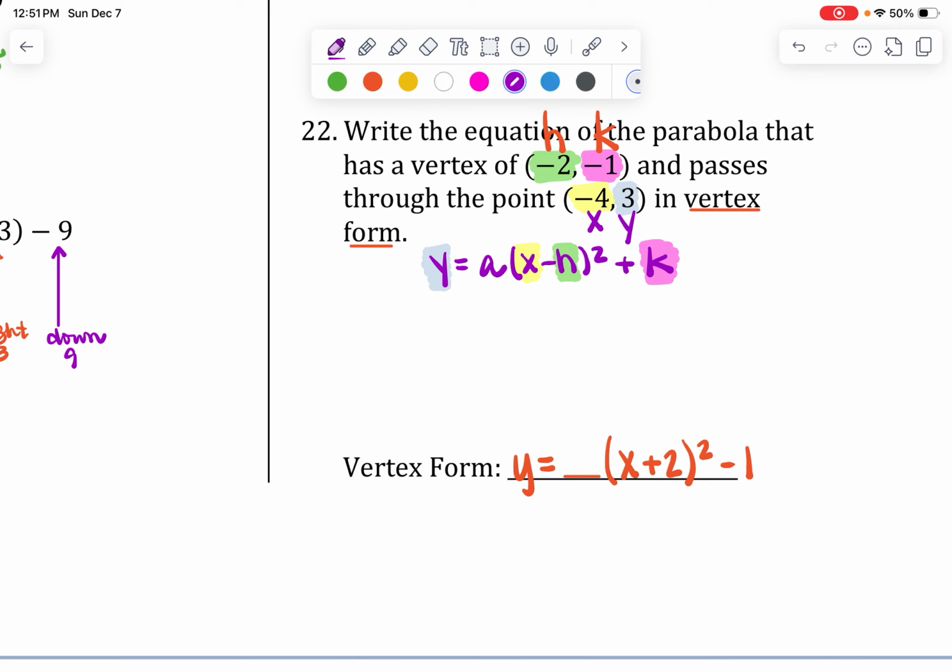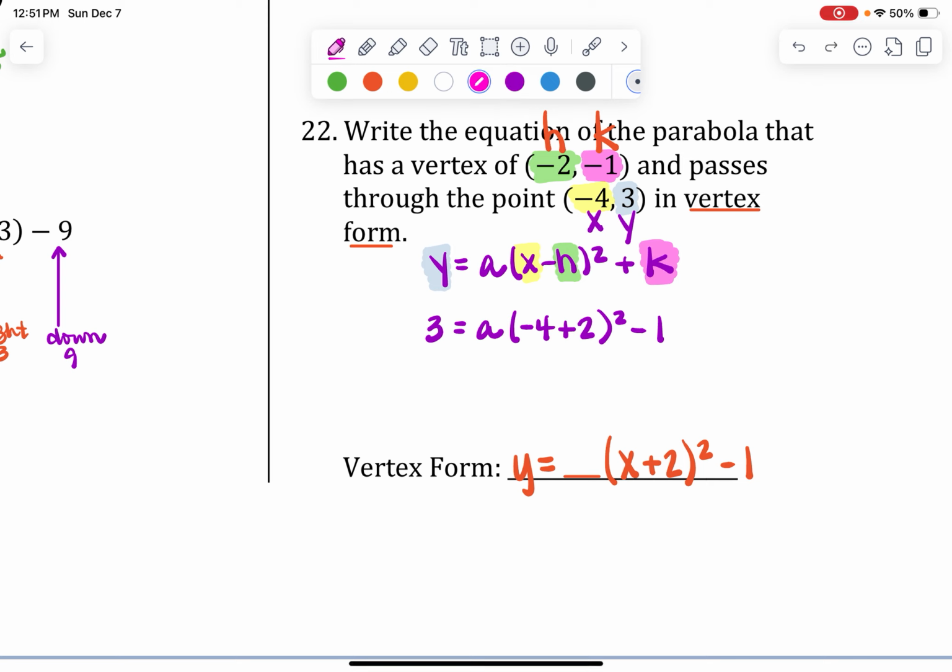You're going to plug those numbers in. So here we go. 3 for y equals, I don't know the a. x was -4 minus -2, which changes to a +2 because of the double negative. And then -1. And now I have a lovely algebra equation that only has an a, and that's what I'm going to solve for so I can put it in the blank, and then I'm done.